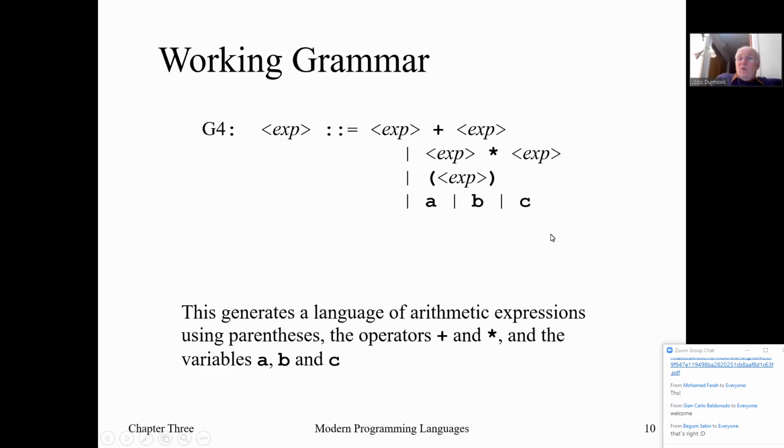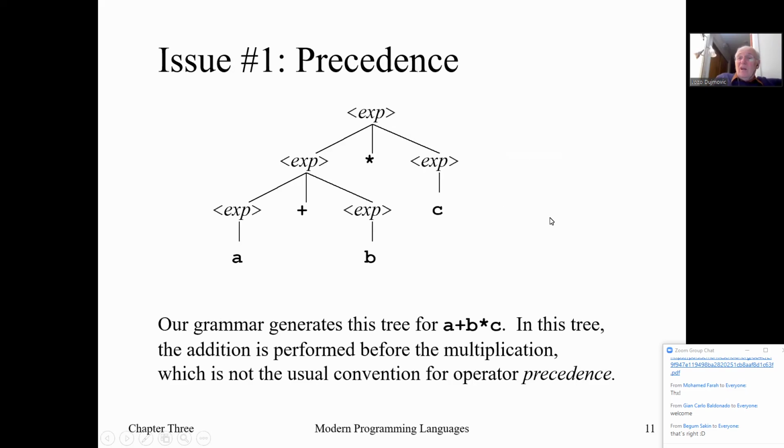So when you take this grammar G4 and you write this kind of expression, you have that expression times expression, and expression is expression plus expression. So that's what we had in this previous example. And then each expression is substituted by a variable. So you have A plus B times C. This is perfectly okay.